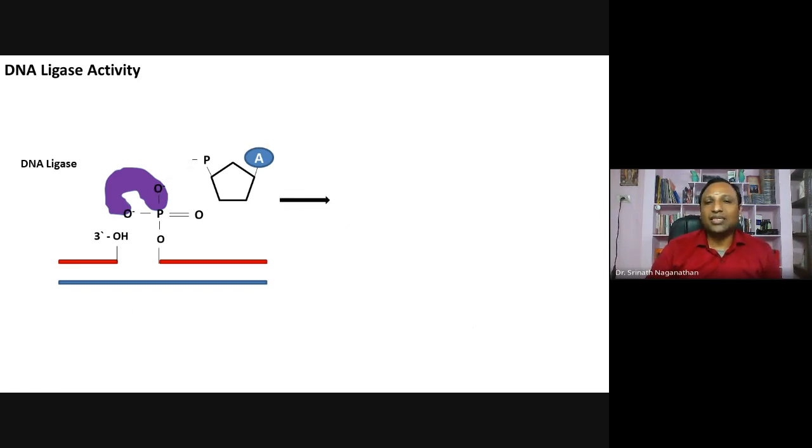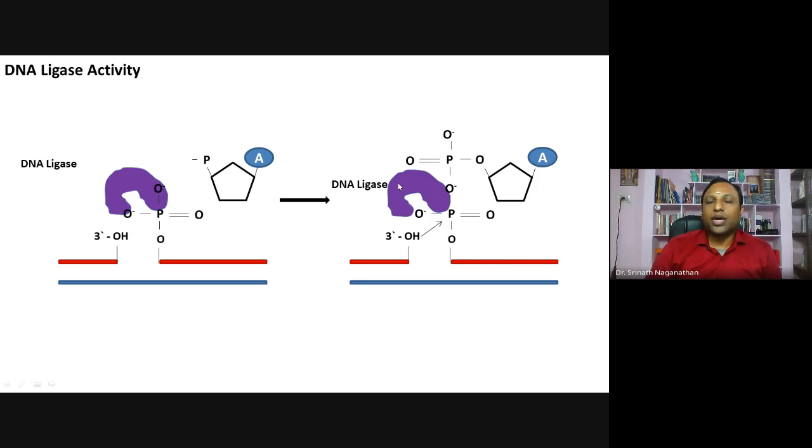Once it is attached at the 5' end, you can see that this has now become alpha, and this has become beta. So the OH group at the 3' end has more affinity towards the alpha phosphate. At this point, because of the nucleophilic attack, they break.